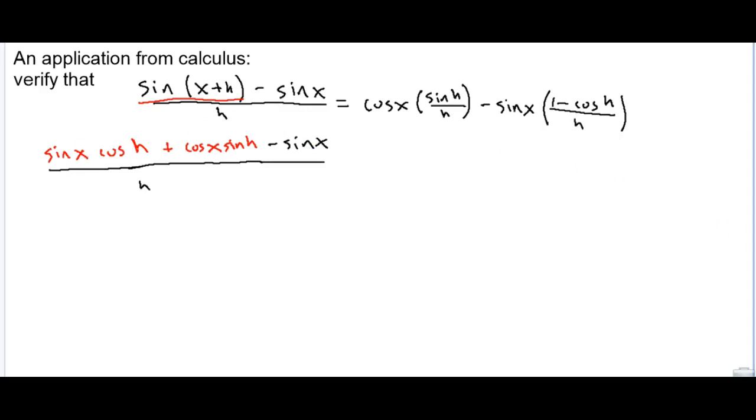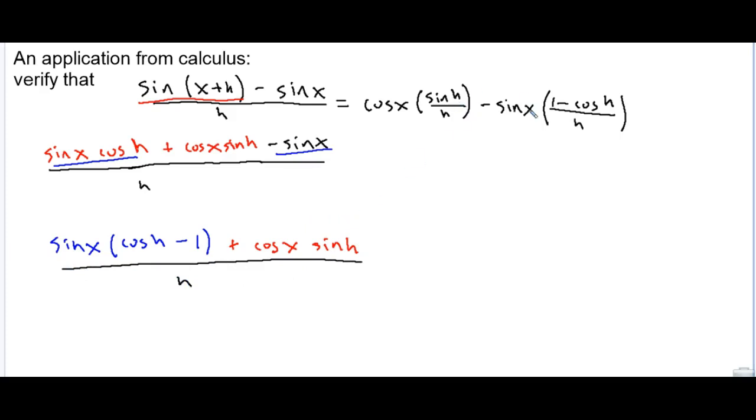I'll underline them in blue. This one has a sine x, and this one has a sine x. So what I'm going to do is write sine x, parentheses, cosine h minus 1. I just combine those two. And then I have the rest of it as plus cosine x sine h all over h.